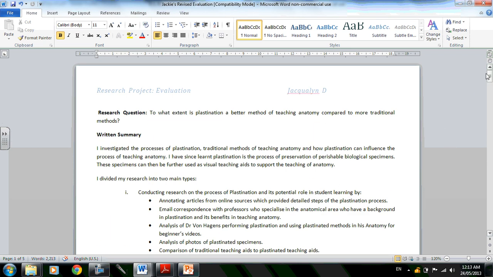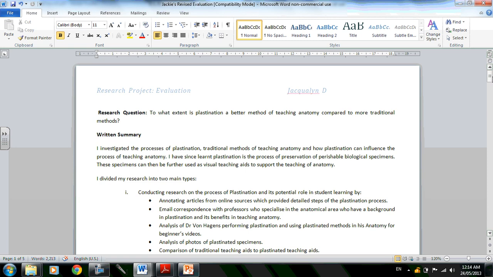This is the last I'm going to discuss. This girl researched how she loved science, and she wanted to research how we can use plastination to teach science, especially anatomy, not cutting corpses. Plastination is a technique that was developed very quickly in Germany by an anatomy professor at a university.